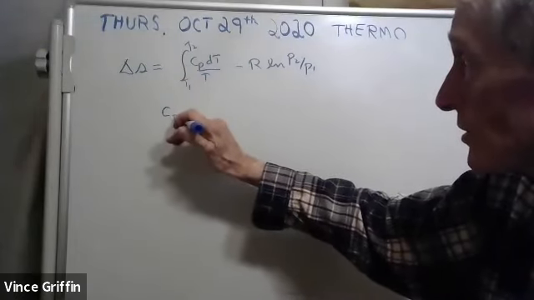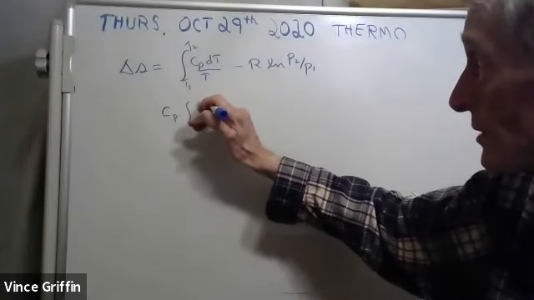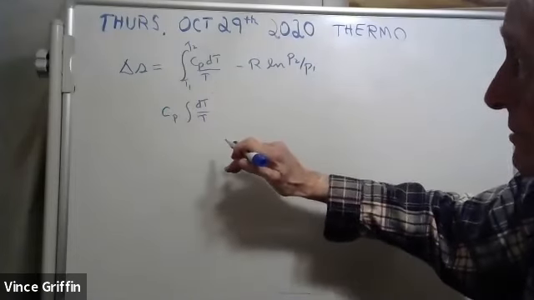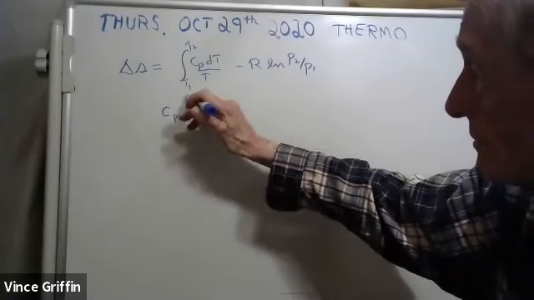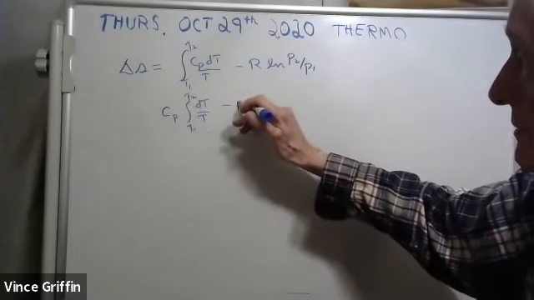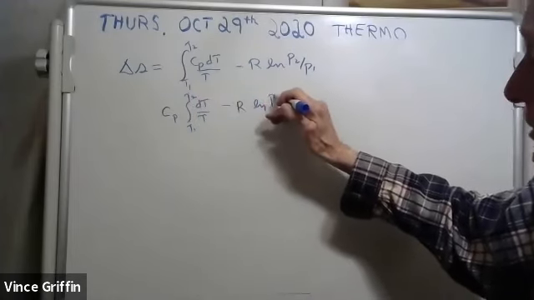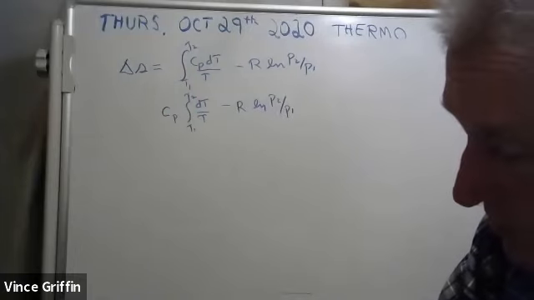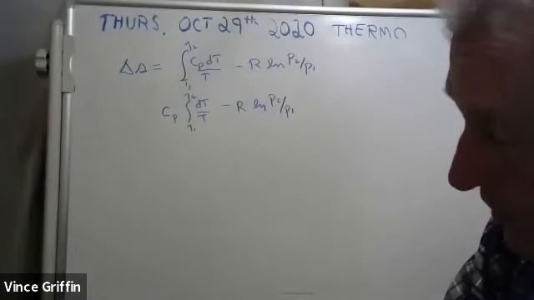You can pull out constants. You guys all studied calculus, and you know that you can pull out constants. So we'll pull it out. Now, the minute you do that, you're decreasing your accuracy a little bit.